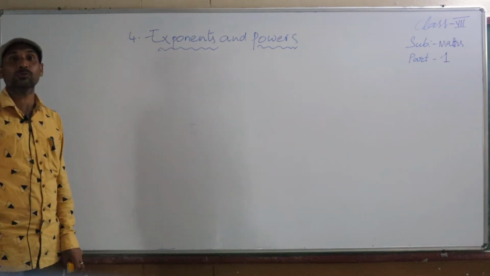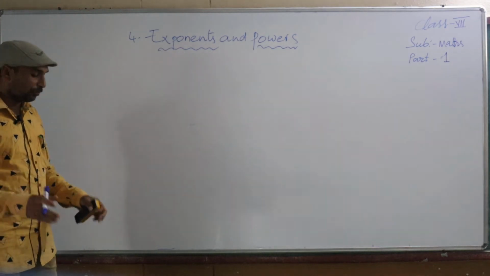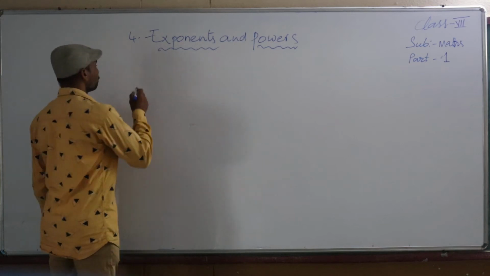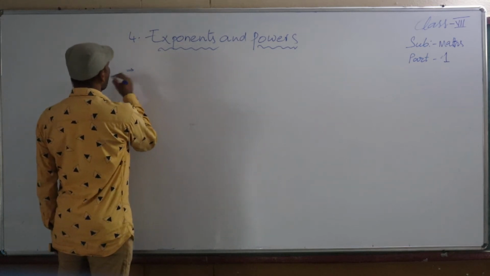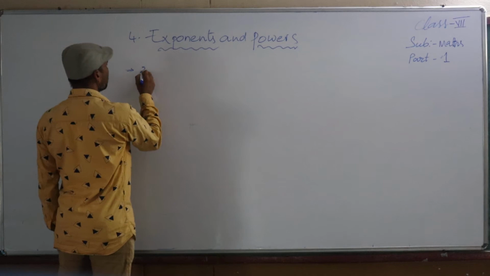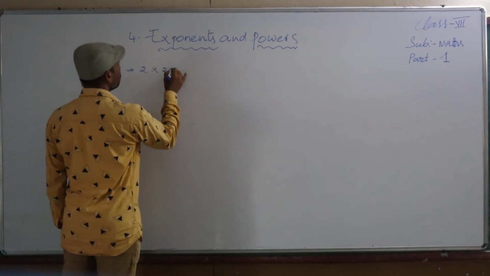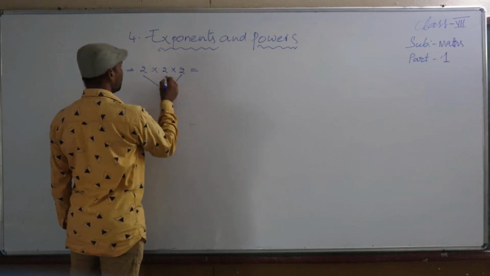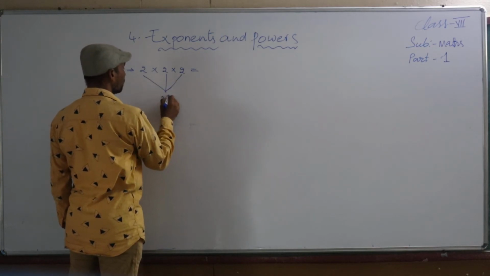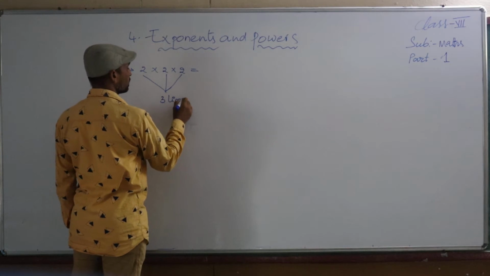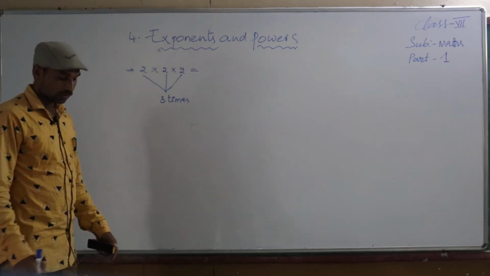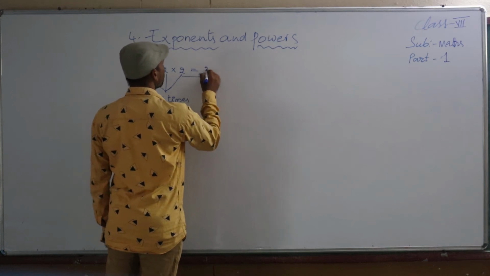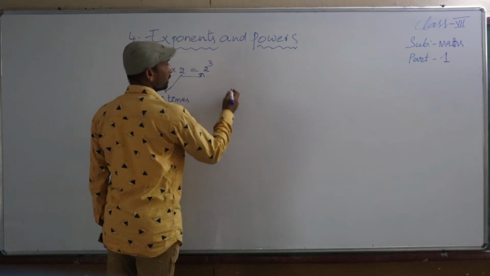So what is an exponent? Before that, in the 7th class we studied, for example, 2 into 2 into 2. Here we are multiplying 2 three times, so we can write this as 2 power 3.